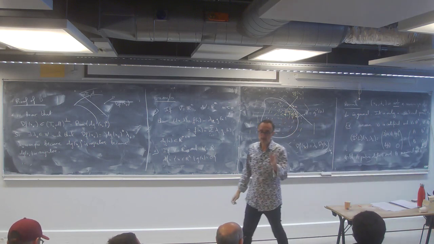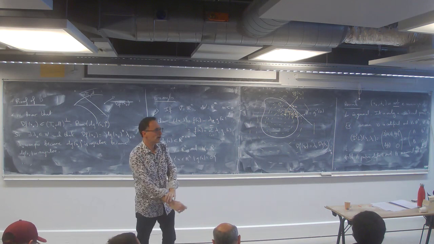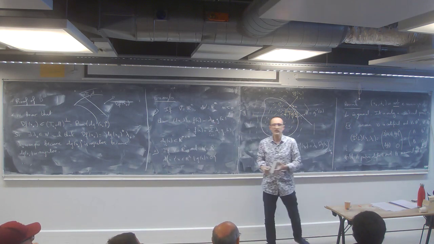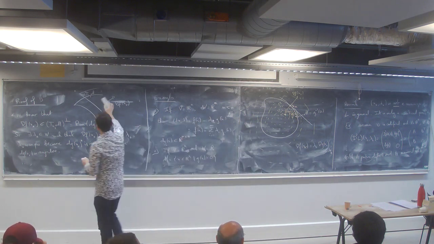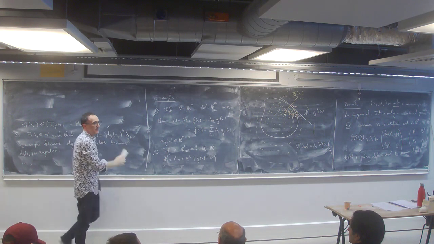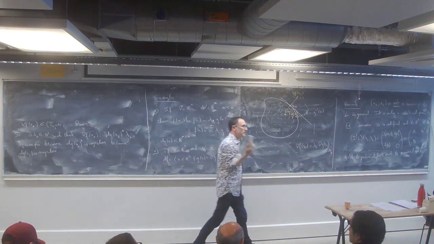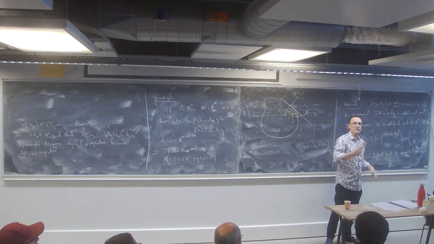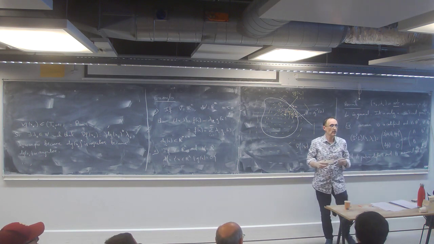Then it is an exercise of linear algebra. You should do it if you don't know the result, because it's a nice exercise based on the min-max principle. Then this matrix has exactly n positive eigenvalues and m negative eigenvalues. Okay.